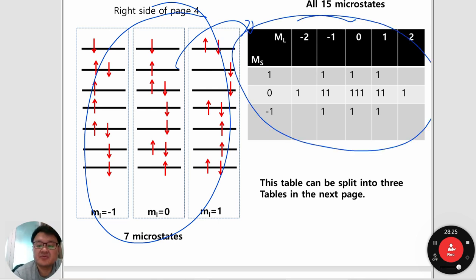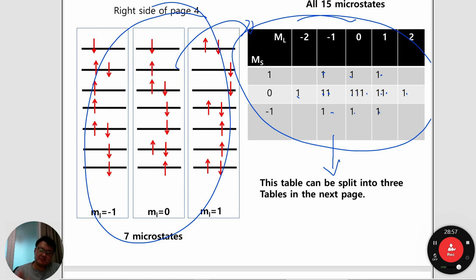Okay. So 1, 2, 3, 4, 5, 6, 7, 8, 9, 10, 11, 12, 13, 14, 15. So you come to the conclusion that 15 different microstates can be assigned to the blocks of this table. Now, this table can be split into 3 different tables.